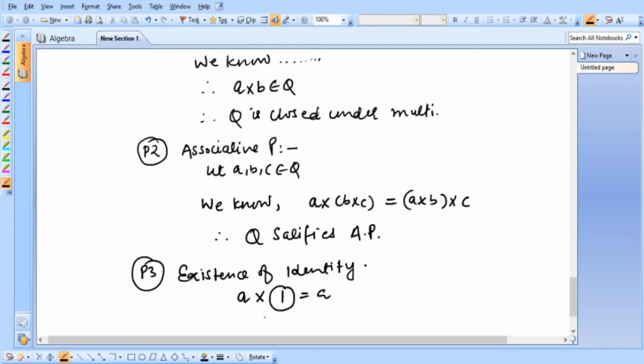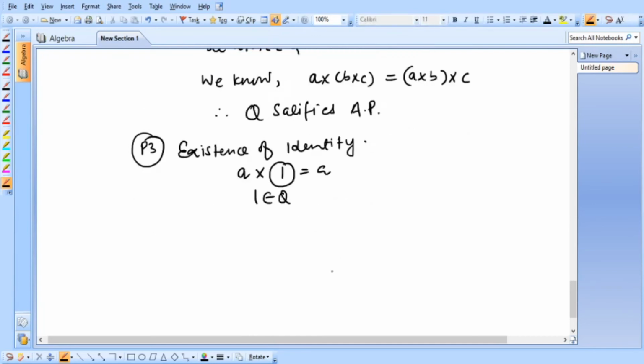So it is 1 again, and also 1 belongs to the rational numbers. 1 is rational, therefore 1 acts as the identity, or you can say multiplicative identity, in this set, right?